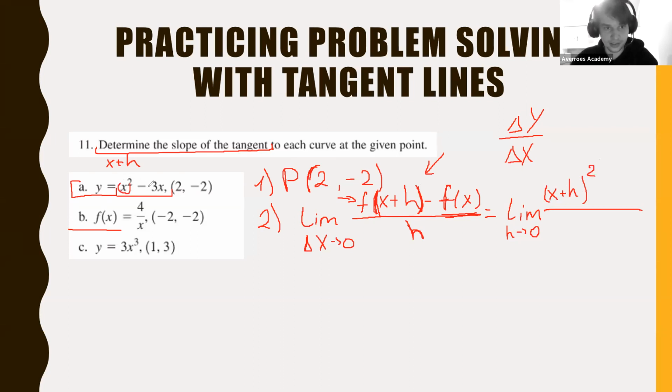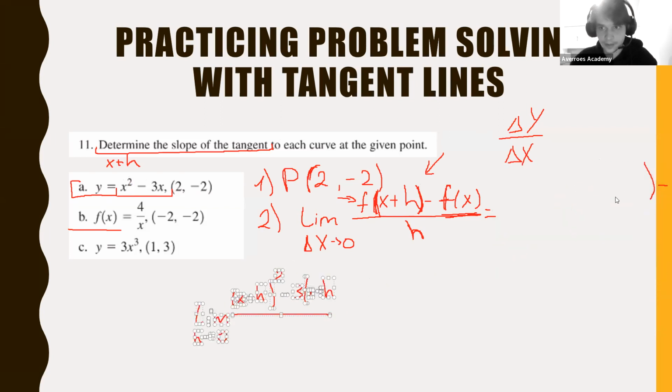Because x is squared as well here. Yeah. Subtract 3 times x plus h. And subtract, let me move it to the next line. And now you subtract f of x.